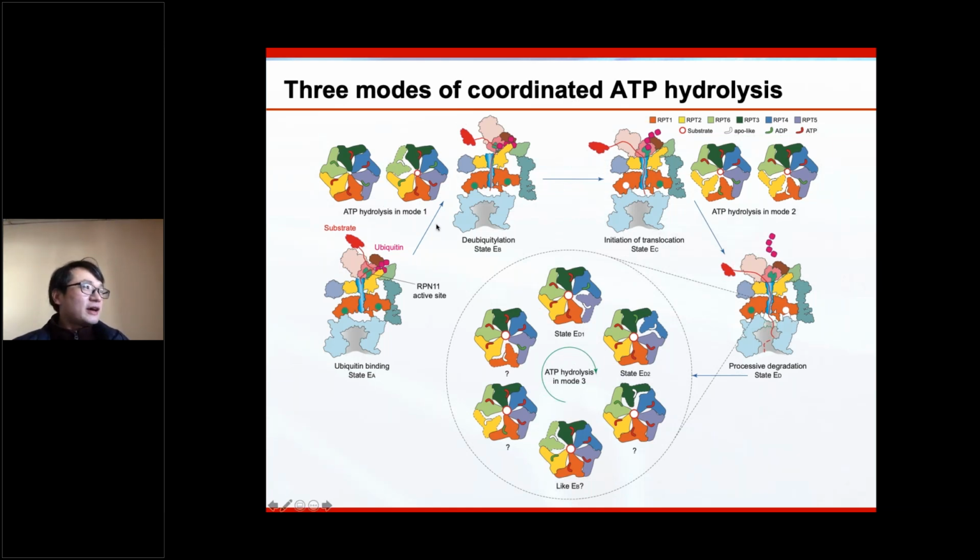So the current slide basically expands the idea of the three modes, because previously we only showed the ATPase, but in fact the change of the ATPase conformation works in both ways. It strongly affects the core particle conformation as well as the surrounding lid subunits. You can see that the lid subcomplex sitting above the ATPase module is contacting the ATPase ring on different sides.